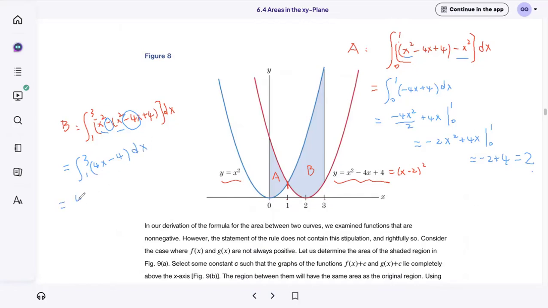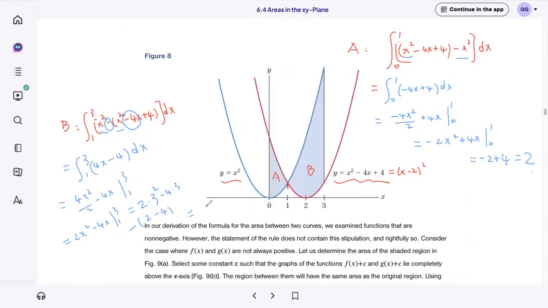We anti-differentiate and get 2x squared minus 4x. Then we evaluate at 3: 2 times 3 squared minus 4 times 3, minus the evaluation at 1, which is 2 minus 4.